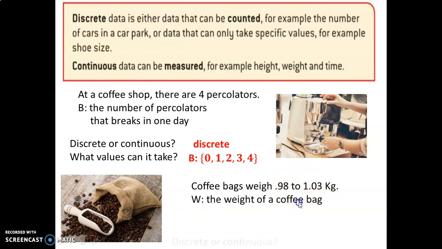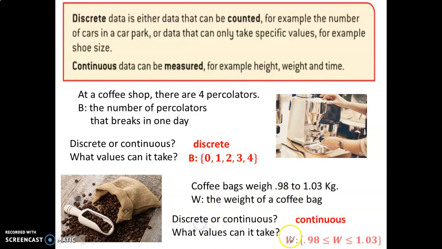So that's continuous data. So W, the weight of the coffee bag, is continuous. It can take on any value between 0.98 and 1.03. To show that full range of possible values rather than just discrete values, we use the greater than, less than symbols to show that W, the weight, can be greater than that and less than that. So it means any value between those.